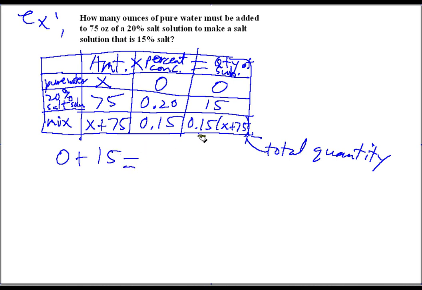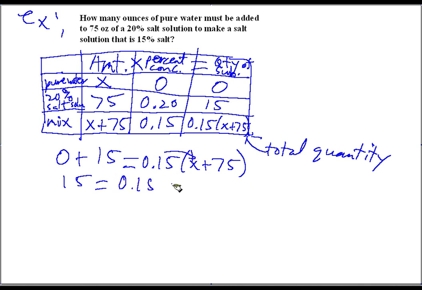That should equal the quantity in the mixture, 0.15 times X plus 75. Okay, let's make sure we see that again. We get out of it what we put into it. Okay, bottom line. So that 0 plus 15 is obviously 15, equal to 0.15x. All right, and 0.15 times 75 is 11.25.